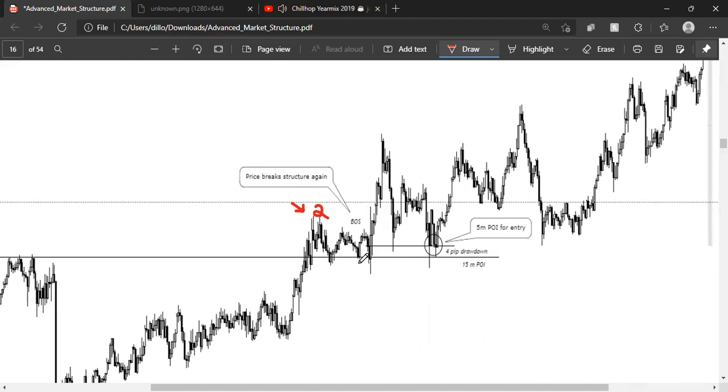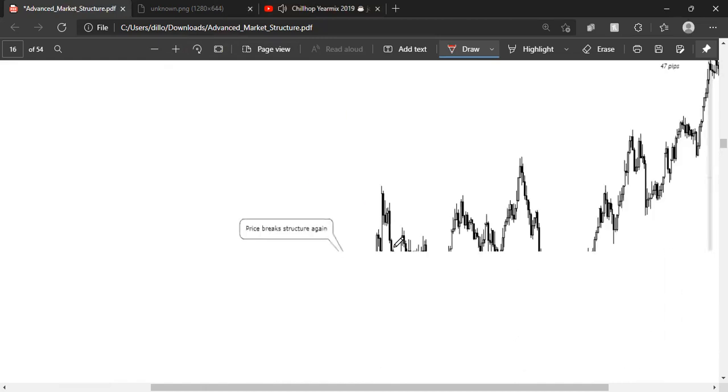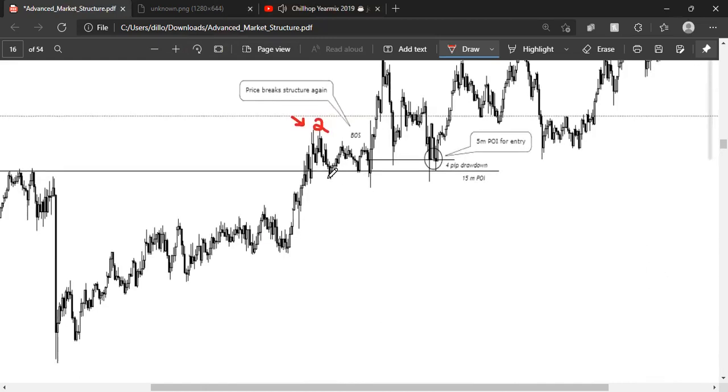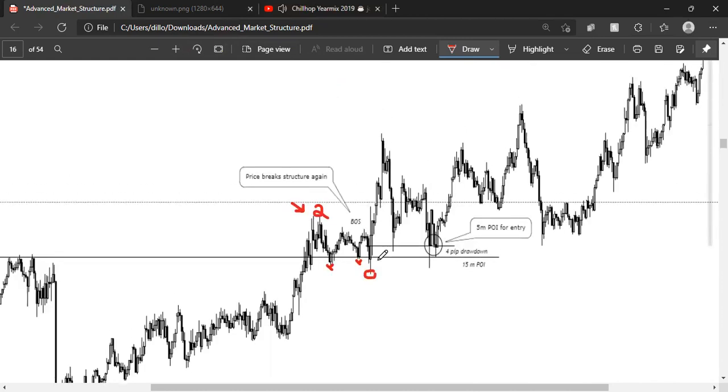Well, if we look at this area, on the 5-minute time frame, we have a low here and a low here that get captured. Liquidity gets taken and price moves to the upside, right?